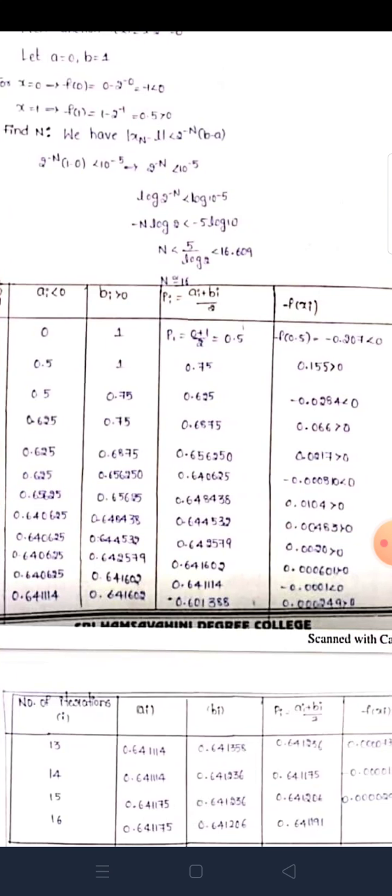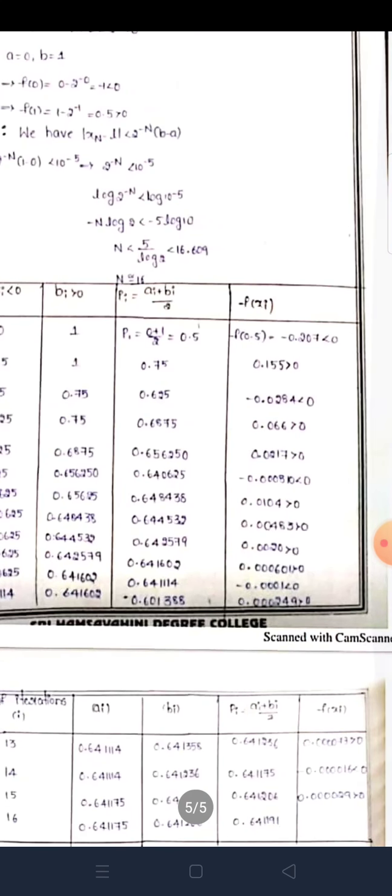Put i equals to 13. a13 is equal to 0.641114. b13 is equal to 0.641358. p13 is equal to 0.641256. f of x13 is equal to 0.0073. This is greater than 0.